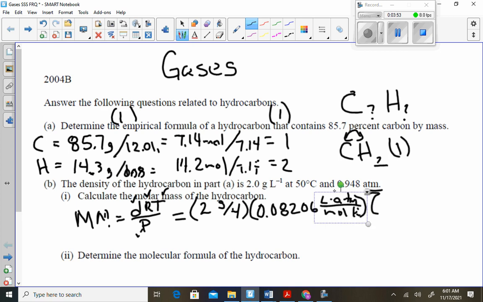Now, the next step is temperature, and if you write 50 here, then you will get the wrong answer because it is in Celsius and you must convert it to Kelvin. Then divide by the pressure of 0.948 atmospheres.